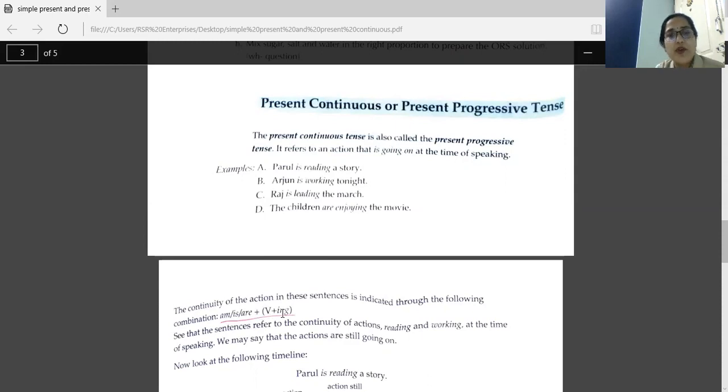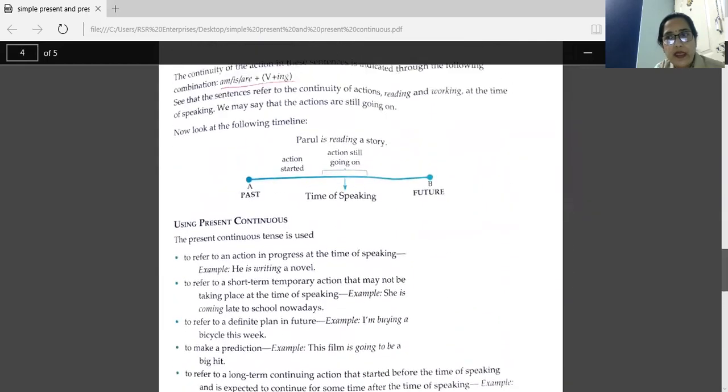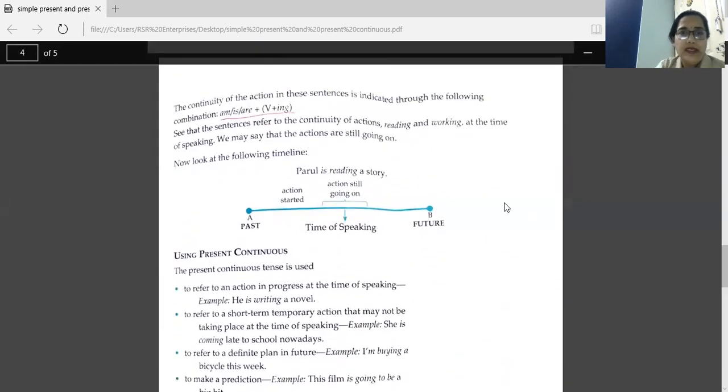And the ing form of the verb, we call it present participle. See this example here. Parul is reading a story. So that means the action started at some past time, but at the time of speaking, this action is going on. So this is present continuous tense.